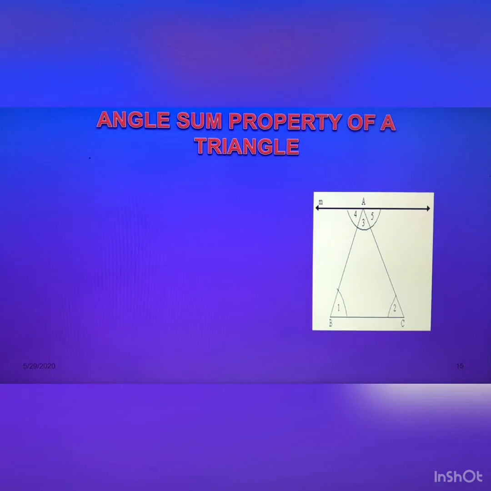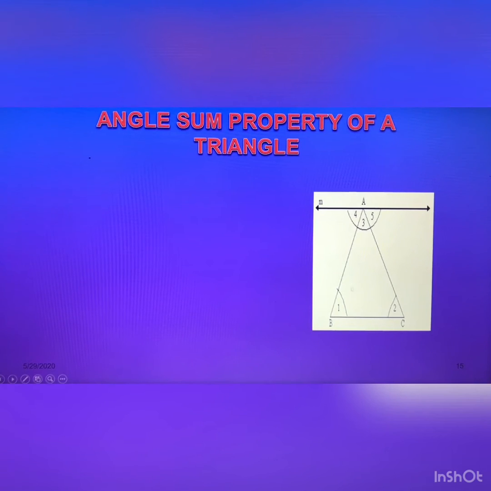So how can you prove it? Let ABC be a triangle, and let angle B be angle 1, angle C be angle 2, and angle A be angle 3. Now we construct a parallel line M parallel to BC. This is the construction. Only triangle ABC is given.